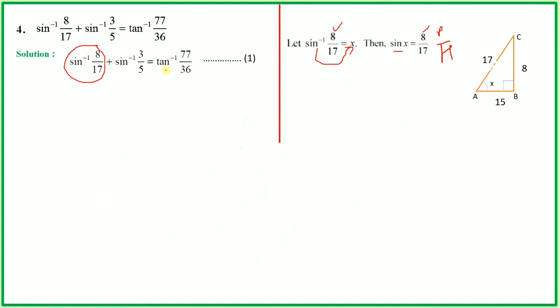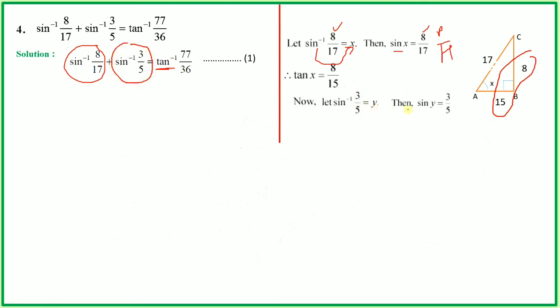Now, as I told you, you need to convert this sine inverse 8 upon 17 into tan inverse, because our right hand side is in tan. So the value of tan theta is equal to perpendicular upon base. So tan x is equal to 8 upon 15. Now we'll take the next one, sine inverse 3 upon 5.